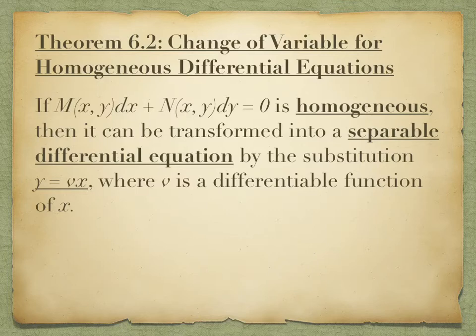Theorem 6.2 talks about this change of variables issue. So this is a change of variable for a homogeneous differential equation. If m of xy dx plus n of xy dy equals 0 is homogeneous, then it can be transformed into a separable differential equation by the substitution y equals vx, where v is a differentiable function of x.